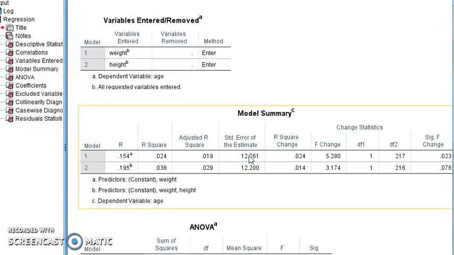This means that weight accounts for 2.4% of age, which is a very low R squared. When we add height to the mixture, so weight and height, we can see that R squared increased to 0.038, which means that height added an additional 1.4% of predicting age.